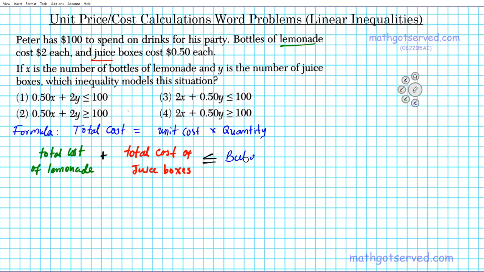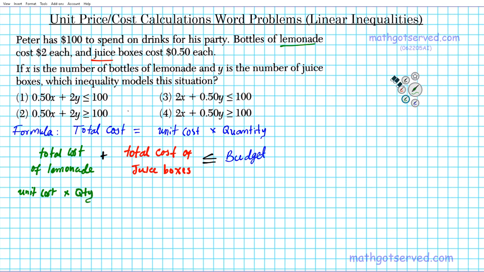So what we're going to do is apply this formula to these two cases. How do you calculate the total cost of lemonade? You need to multiply the unit cost of lemonade times the quantity.